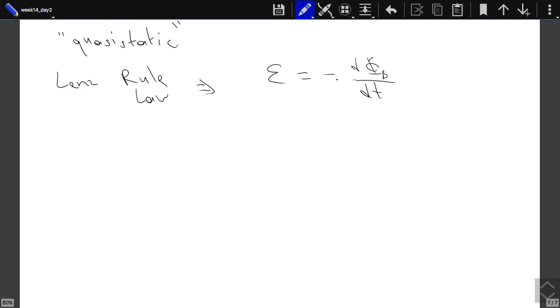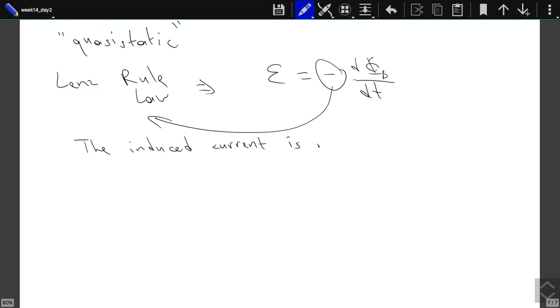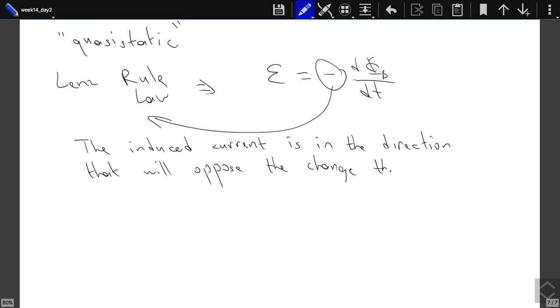Well, the Lenz law or the Lenz rule is this minus sign, which states that the induced current is in the direction that will oppose the change that created it.